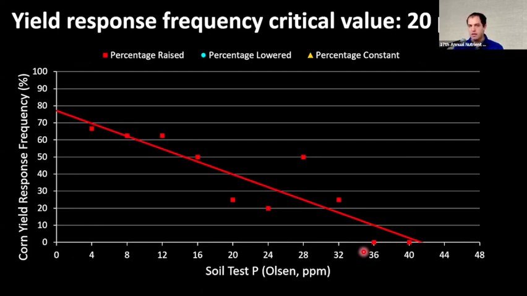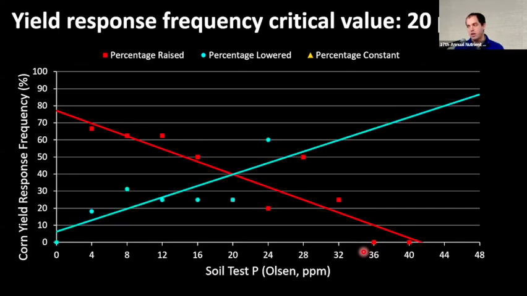One thing that we don't think about sometimes, this is also spring applied phosphorus. Sometimes we don't think about, we can actually decrease yields in the first year sometimes, depending on how much phosphorus we're applying. So this is the percentage of sites that saw a lowering of yield when we added phosphorus. This was 100 pounds of phosphorus in the spring, so it was a higher rate. So if you don't apply that, just think about that too. We did see a decrease in yield.